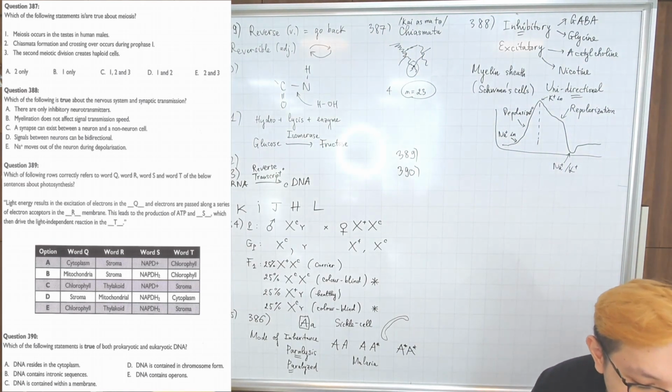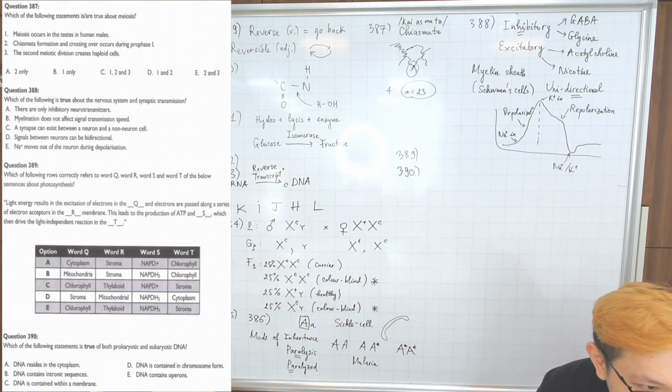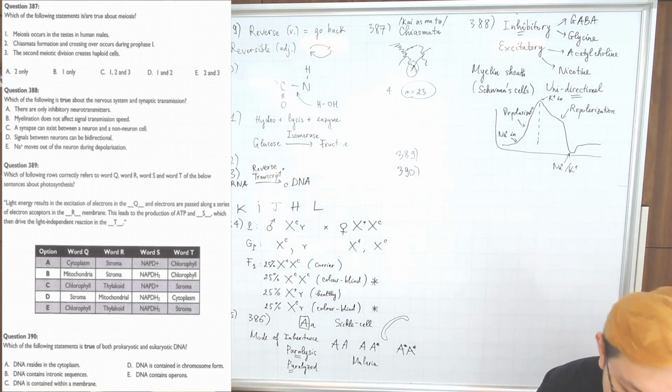A. DNA resides in the cytoplasm. DNA nó sống trong cái tế bào chất. Đúng cho cả hai nha. Has to be true for both, okay? A. No, it doesn't.